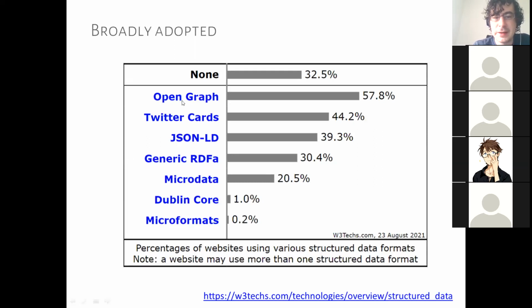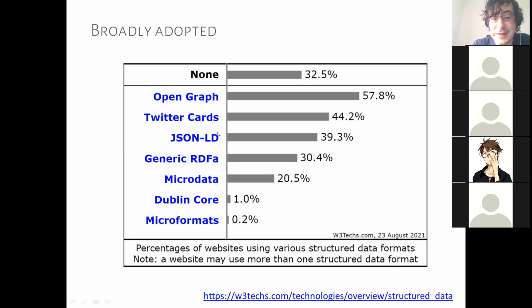And we see things like Open Graph and Twitter cards. This is a Facebook-specific format, and this is a Twitter-specific format that, if you link to a page on Twitter, tells Twitter how to generate a summary of what's on that page. Same for Facebook Open Graph. It's a bit of a pain that they're defining their own formats and they're so successful with that.